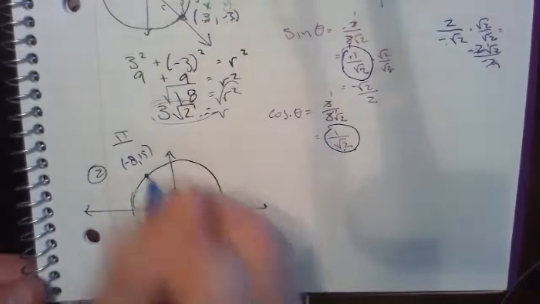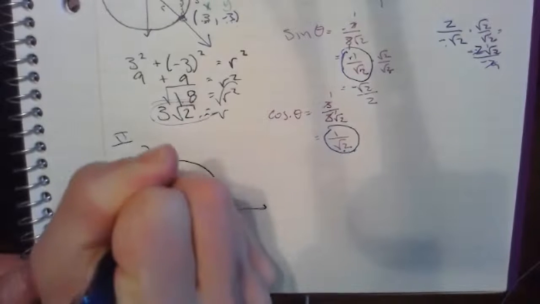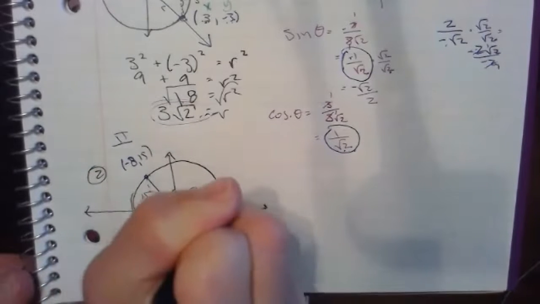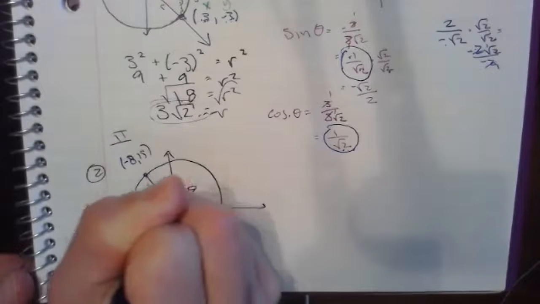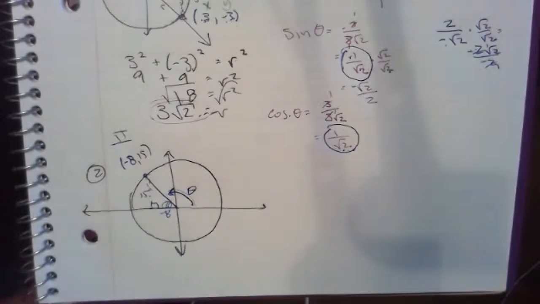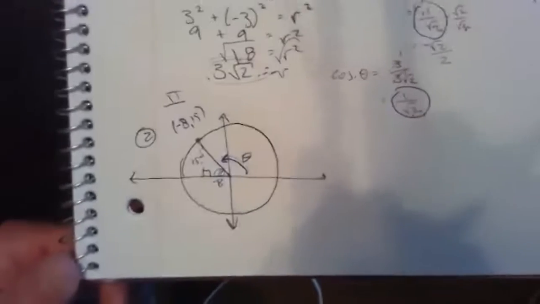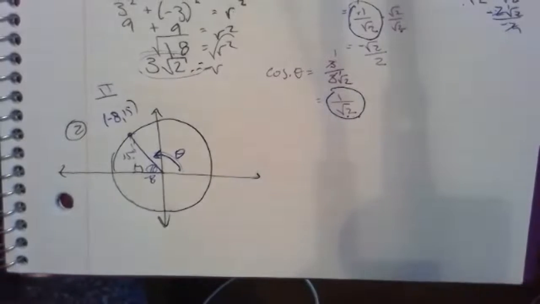You can deal with the point -8 and 15. So we're going this way 8, we're going up 15. And so even though we're talking about this giant angle here, we're using this triangle right here that has a different angle. It just works out because math makes sense, and you're going to have to trust me on this one until you get a little further in trigonometry, probably next year.